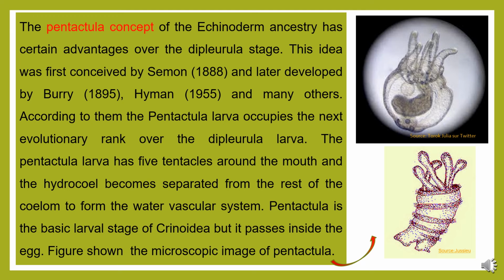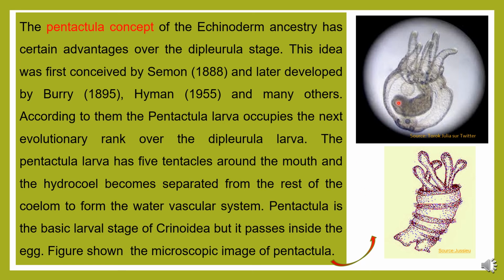The Pentactula larva has 5 tentacles around the mouth, and the hydrocoel becomes separated from the rest of the coelom to form the water-vascular system. Pentactula is the basic larval stage of Crinoidea, but it passes inside the egg.